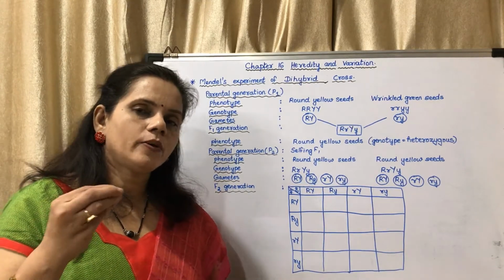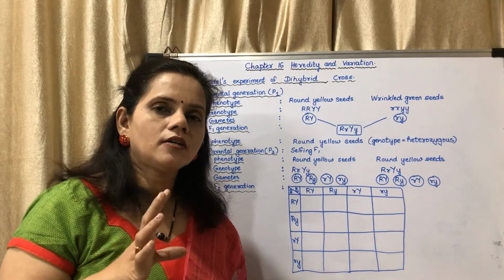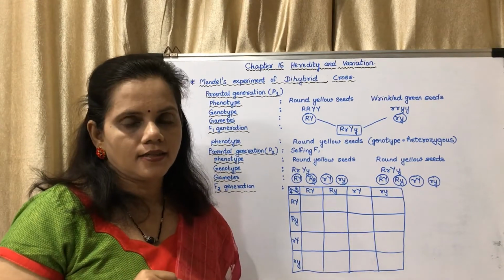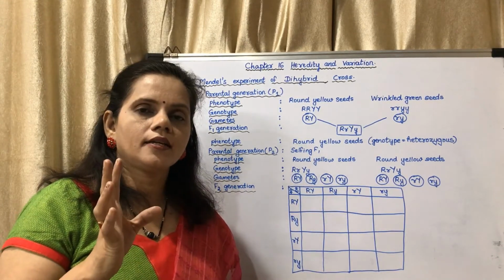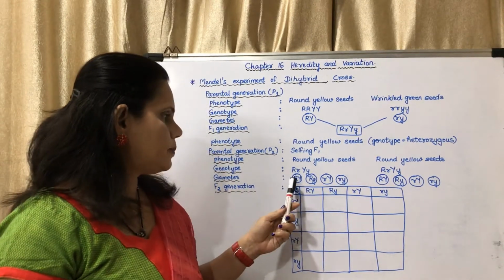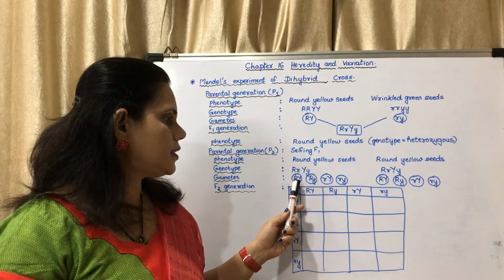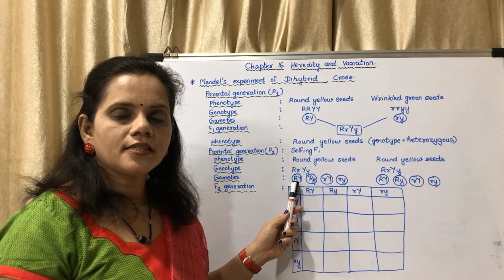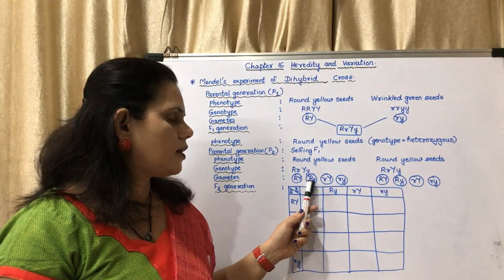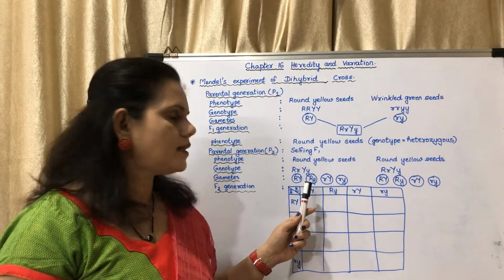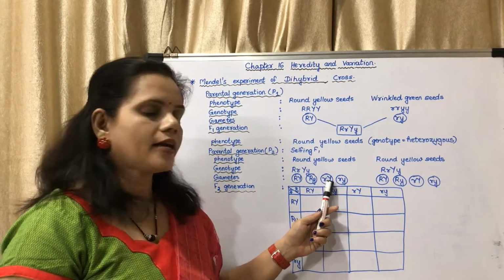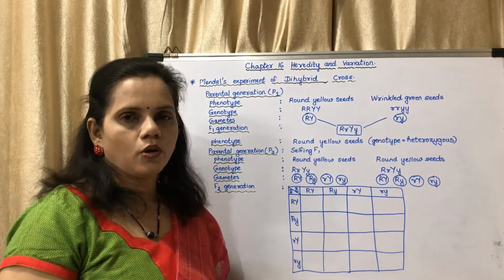Now when they are forming gametes, it is not that the dominant genes come together and the recessive genes come together. It is not like that. There is a shuffling. Here the dominant genes came together in the first case, capital R, capital Y. Here it took the recessive one, capital R, small y. Then the combinations small r, capital Y, and small r, small y.